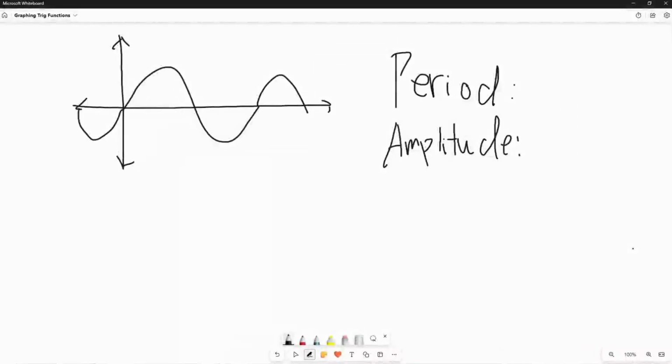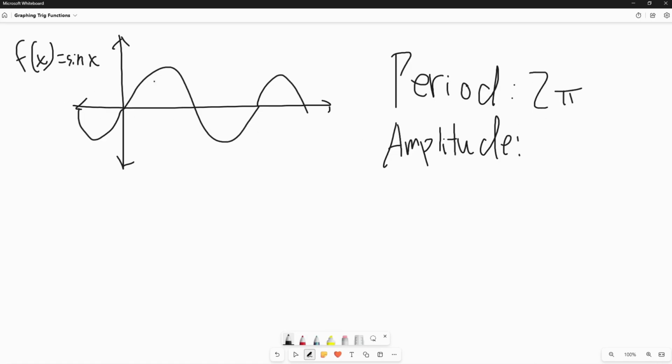Okay, let's recap. This is the shape of the sine function. This is f of x equals sine of x. And the period is one segment where the graph can repeat from. So if you take this, you can copy it over here. It's the same thing. And the period is the length of that segment. In a regular sine function, the period is 2 pi.